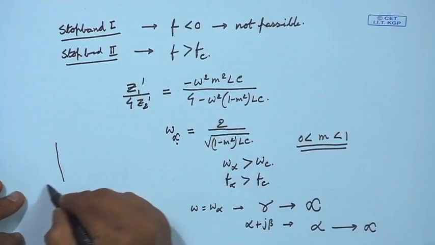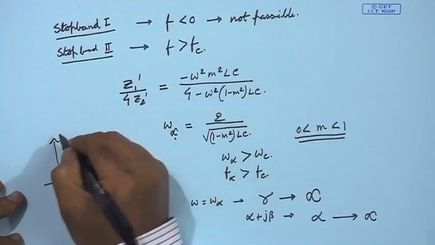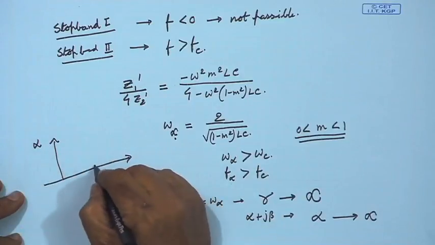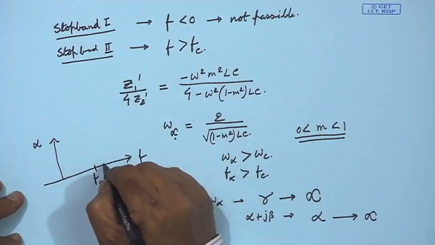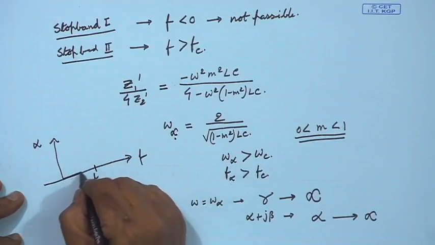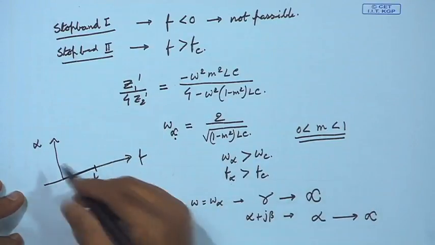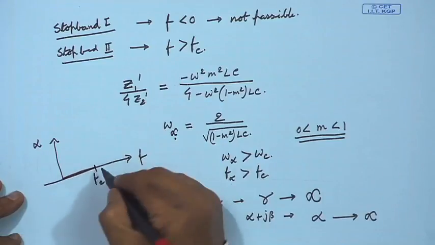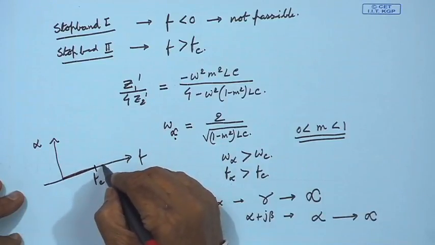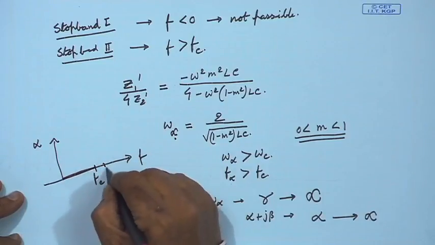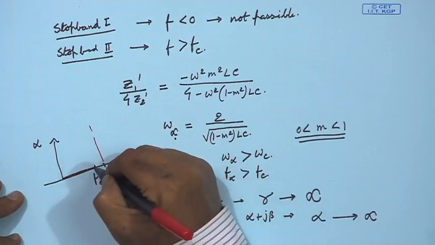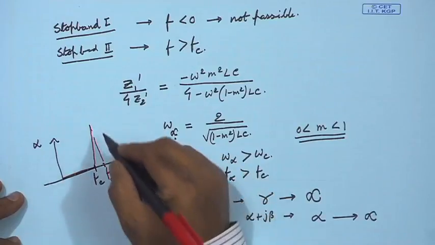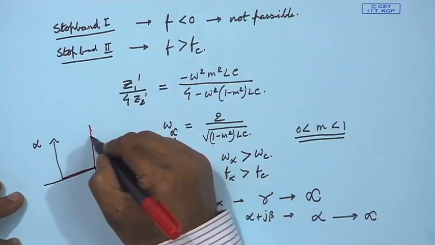Okay, the attenuation constant graph alpha, this is Fc. Suppose I put f infinity here, then I can force the curve to go like this asymptotically.